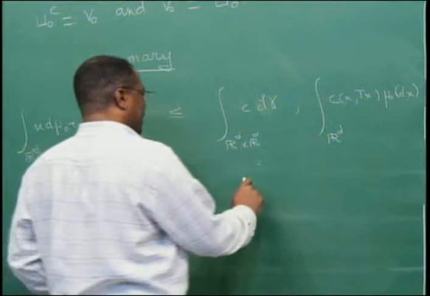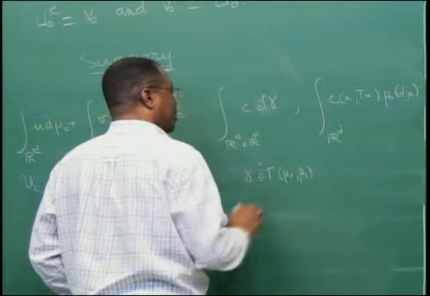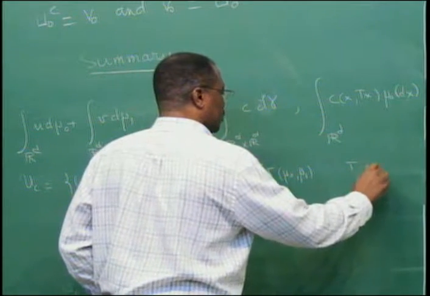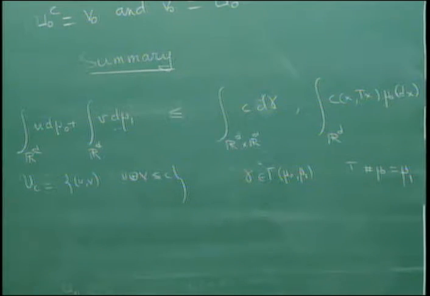So here I am taking gamma, which has mu naught and mu 1 as marginals, and I am taking T, which pushes mu naught to mu 1. This is a ten-minute proof, very, very easy. Whether mu naught and mu 1 are absolutely continuous with respect to Lebesgue measure, whether the support is bounded, this inequality is easy to establish. Call this one.